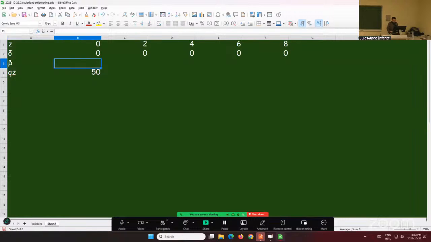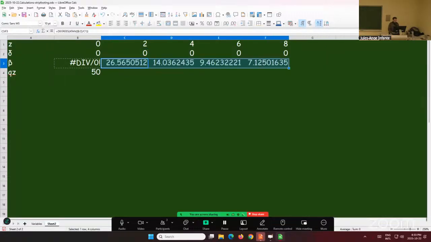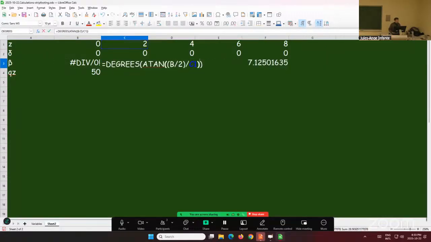And it's what we said, the arc tangent of B over 2, divided by Z. It doesn't matter for the first one, because we know what stress is. That's in degrees.